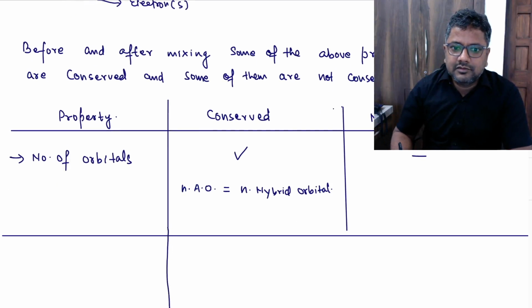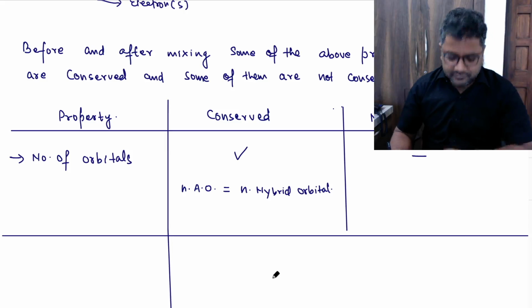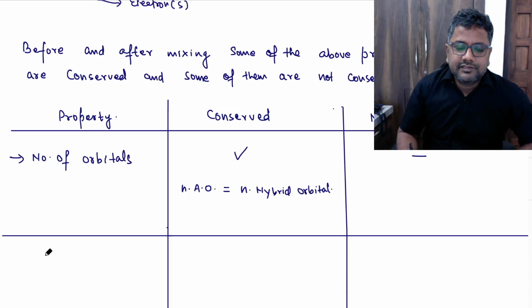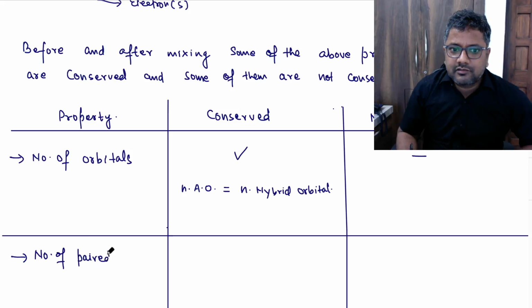Now second, number of paired and unpaired electrons.